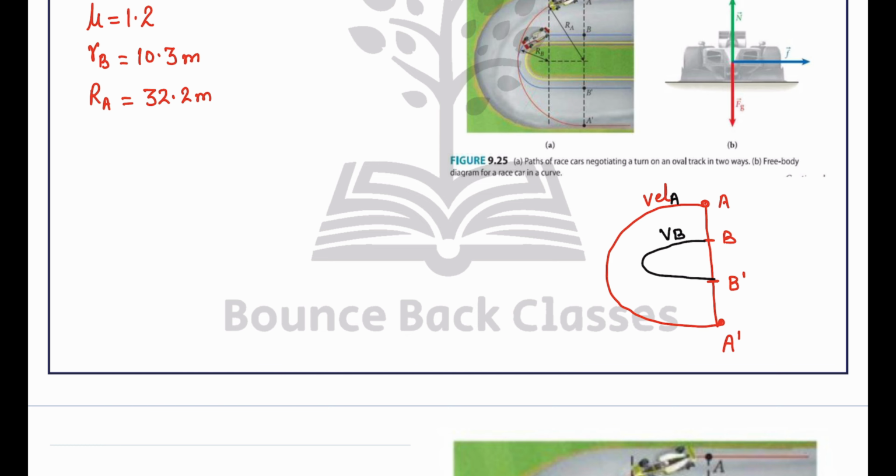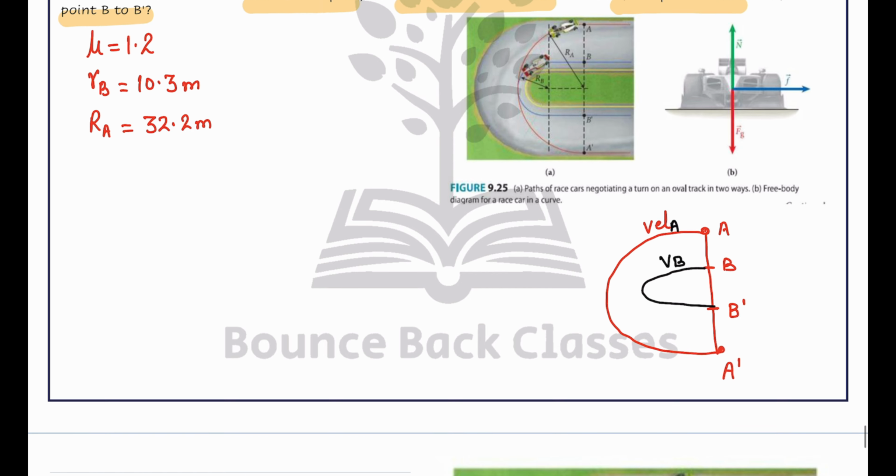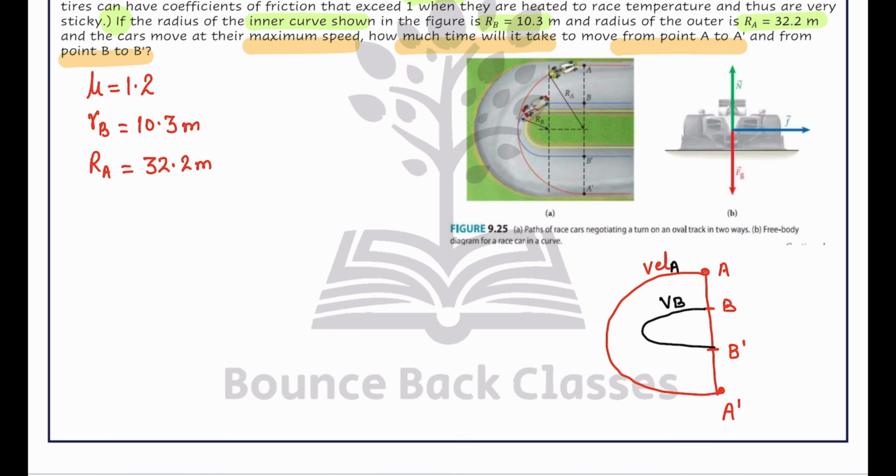It's very easy to solve because we know if a body is moving in a circle, then there are two forces. One is centripetal force and second is force of friction. Centripetal force is m v square over r, and force of friction is mu times mg. m and m cancel.